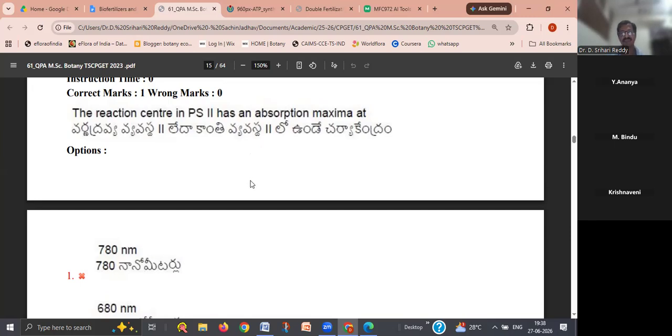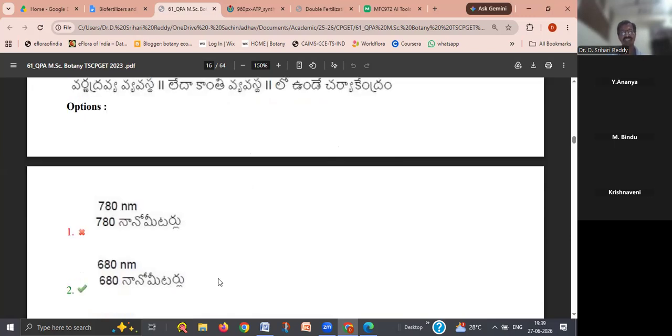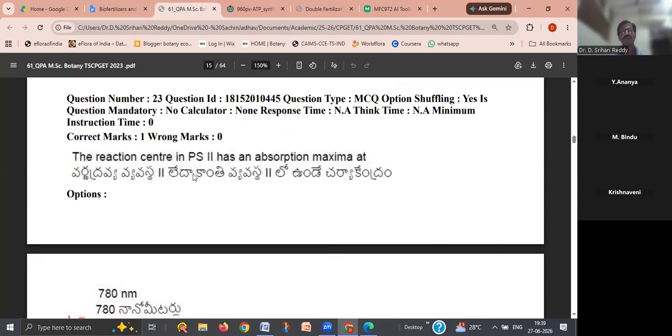The reaction center of PS1 is called P700. The reaction center of PS2 is called P680. Why is it called P680? Because it has an absorption maximum of 680 nanometers. It absorbs light with a wavelength of 680 nanometers.